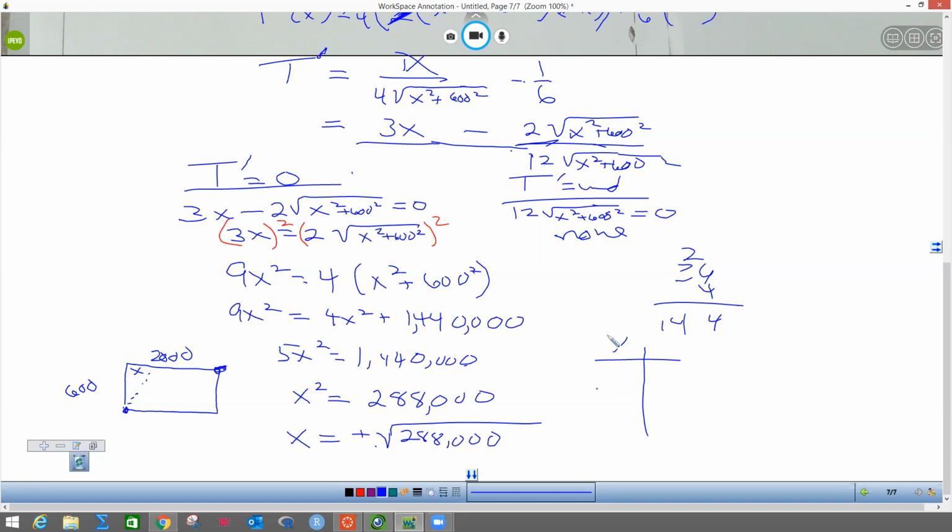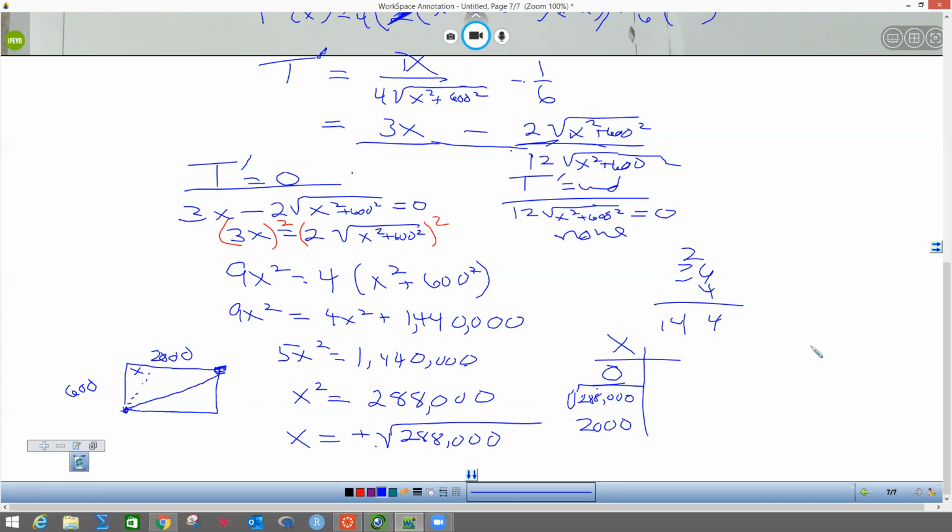So I'm going to say x could be 0, where I stay on the sidewalk the whole time, okay? X could be where I cut across, that's this critical number right here. Or x could be that I go straight across this way where x is 2,000. Those are my endpoints for x, 0 or 2,000.